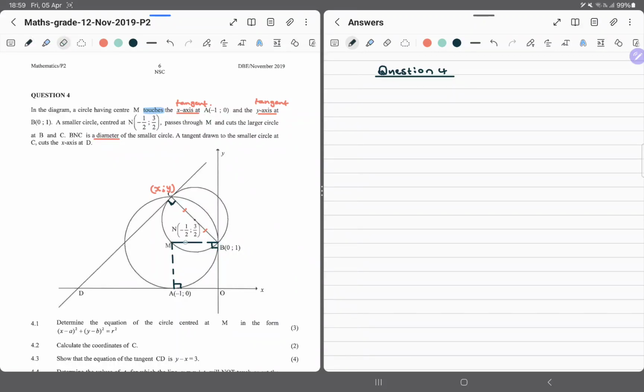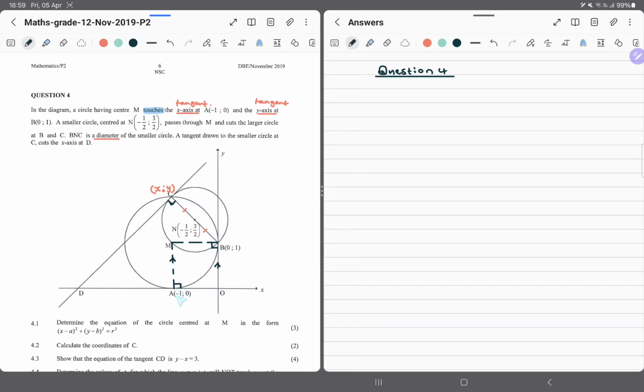This also suggests a similar situation. Now, if this line MA or AM is perpendicular to the x-axis, this line becomes parallel to the y-axis, because both of these lines are perpendicular to the x-axis.